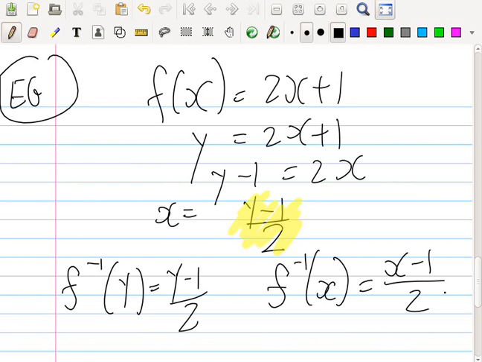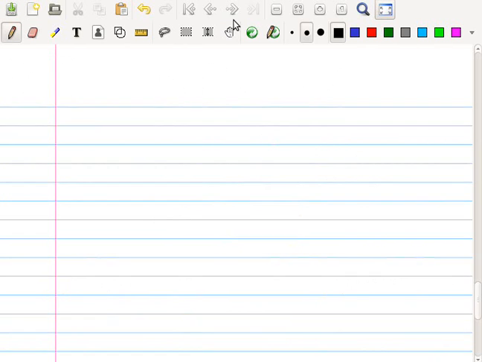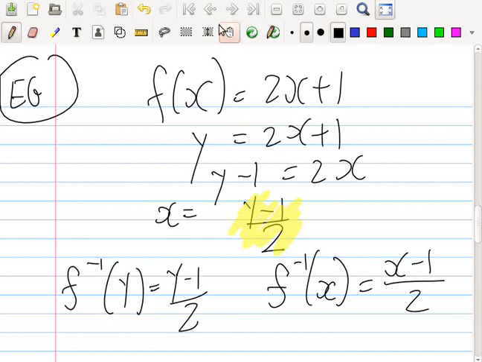What's the name? The name of the... Have a guess. Go on, have a wild guess. Inverse function. Yep, you got it. Okay, do you need to write this down? Yeah. He wanted to know the name of the lesson.